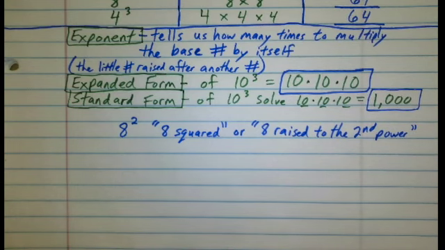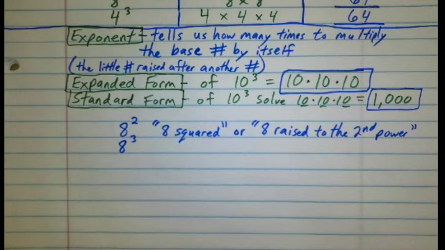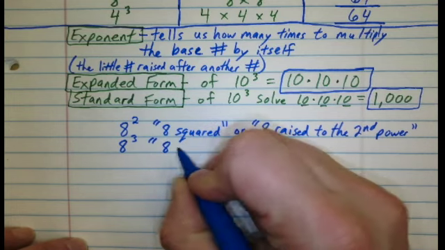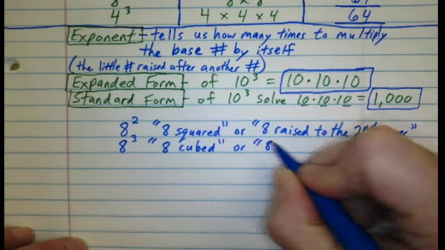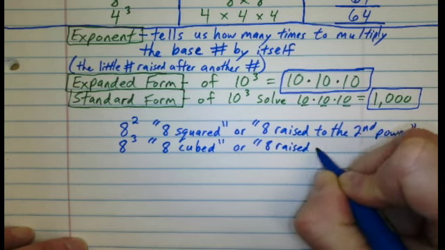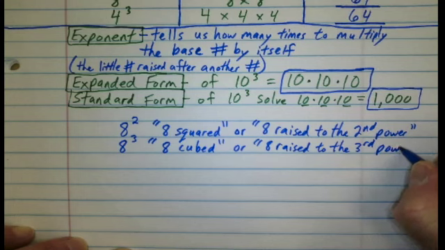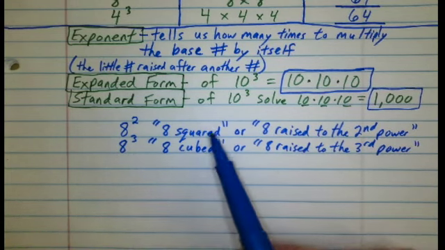I also gave you an example of when I raise it to the third power, 8 cubed, or 8 raised to the third power. So squared and cubed are the only ones that have a different way of saying it.